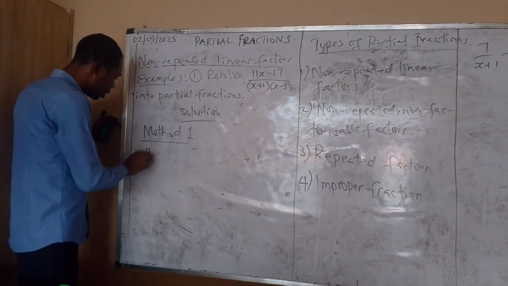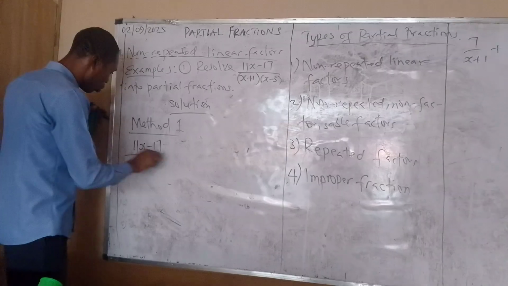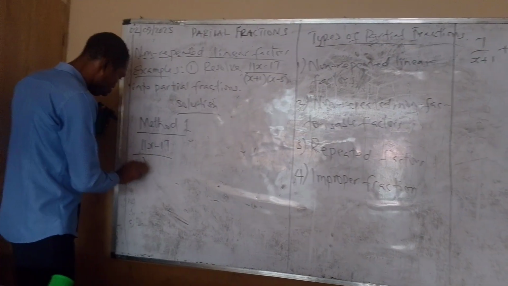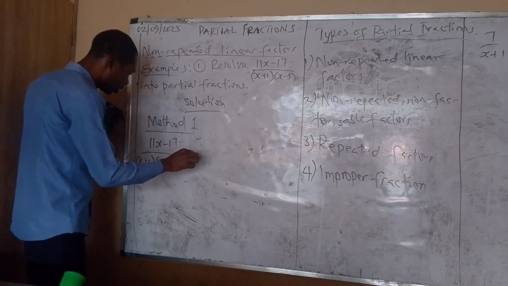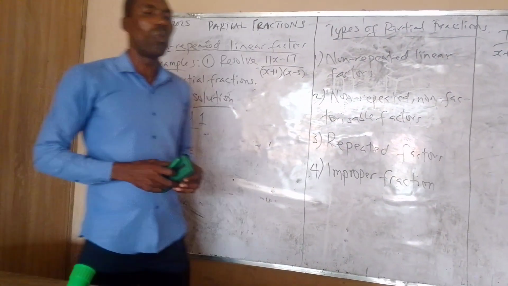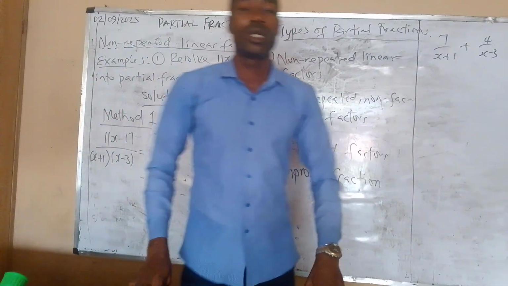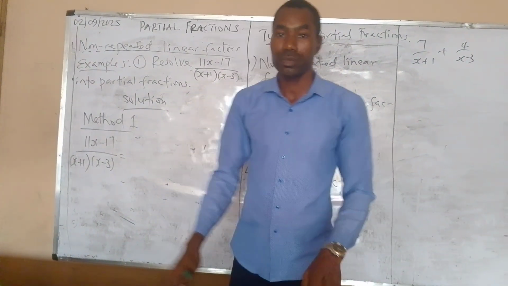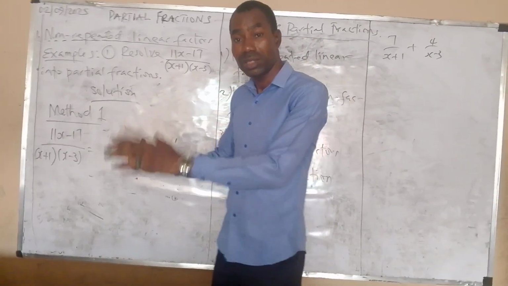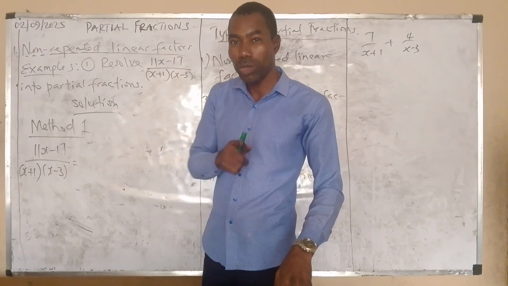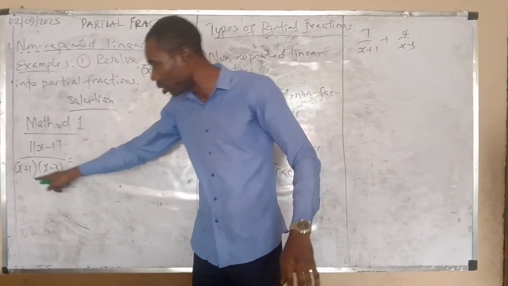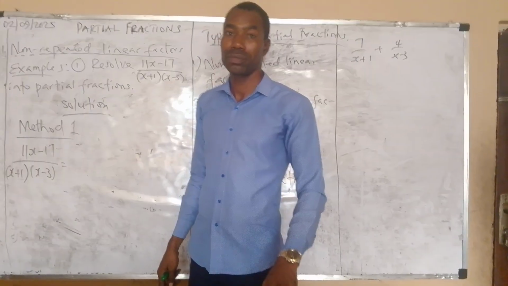Our fraction is 11x minus 17 over x plus 1, x minus 3. Now let's resolve this. When resolving into partial fractions, the number of partial fractions you have is determined by the number of linear factors in your denominator. I'll repeat that.